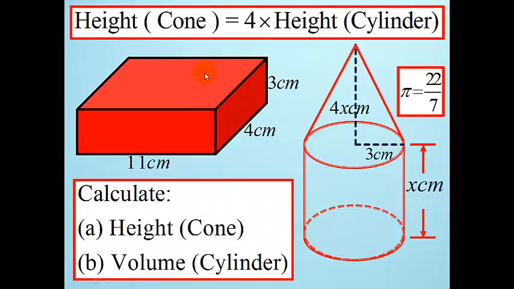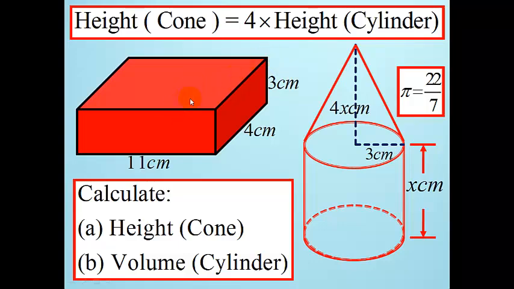Now, let's take note of this question. Assuming we are given this solid cuboid, the length of this solid cuboid is 11 centimeters, the breadth is 4 centimeters, and the height is 3 centimeters. Now, let's do this analysis.